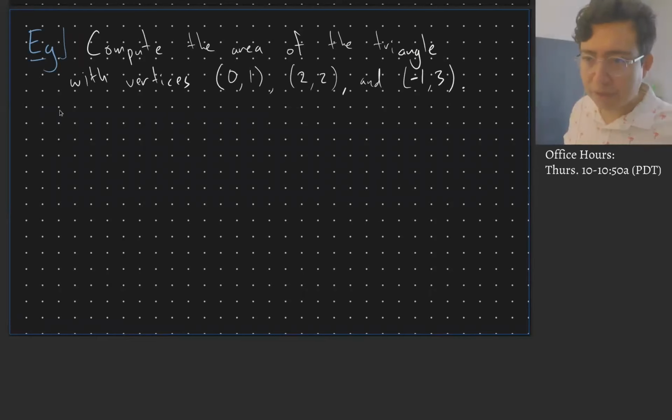So start by drawing a picture, so you can get an idea of what's going on. The 3 points we have are 0, 1; 2, 2; and -1, 3.